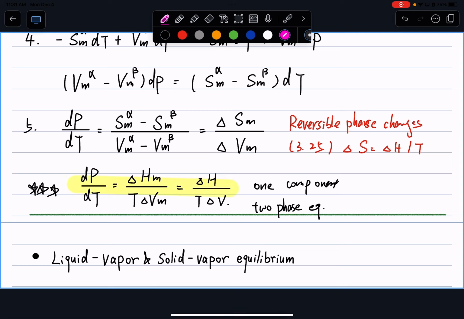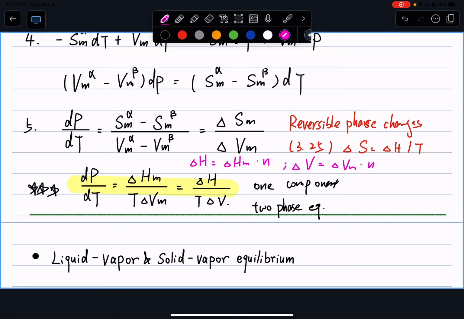All right. And the reason we can do that intensive version and the extensive version is you can have the number of moles cancel out. Like your delta H equals delta Hm times n, and your delta V equals delta Vm times n. Since we're talking about a closed system without exchange of material, then the total number of moles will always remain the same.